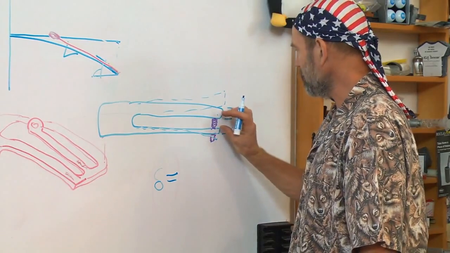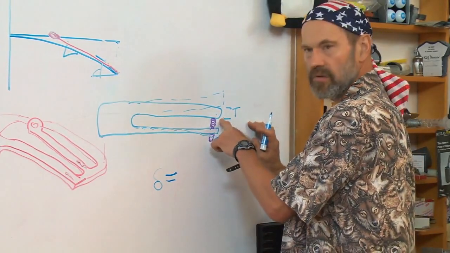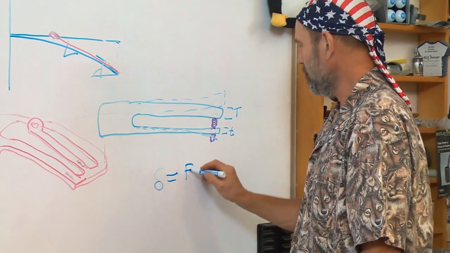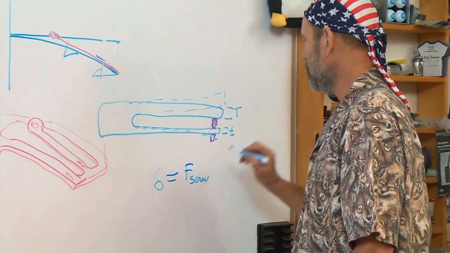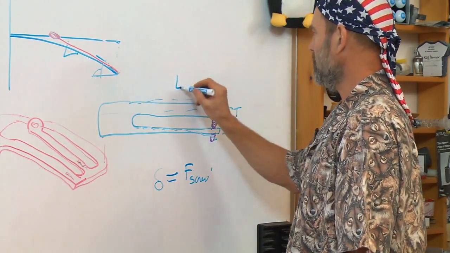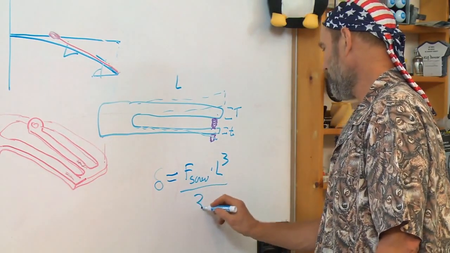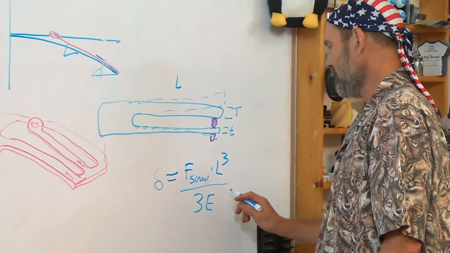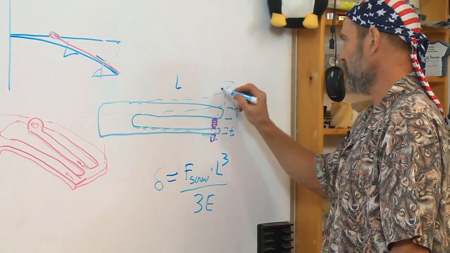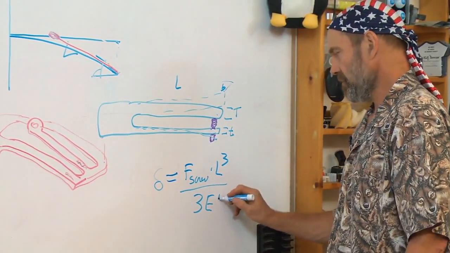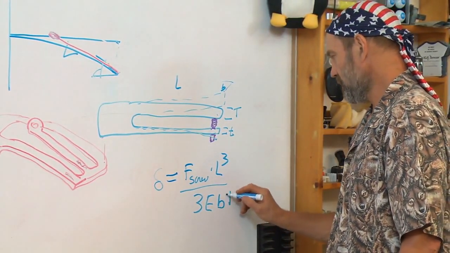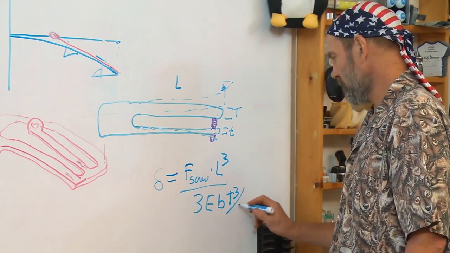Well, it's going to be the force from the screw times L cubed over 3E, and now the width of the beam, B, B T cubed over 12.